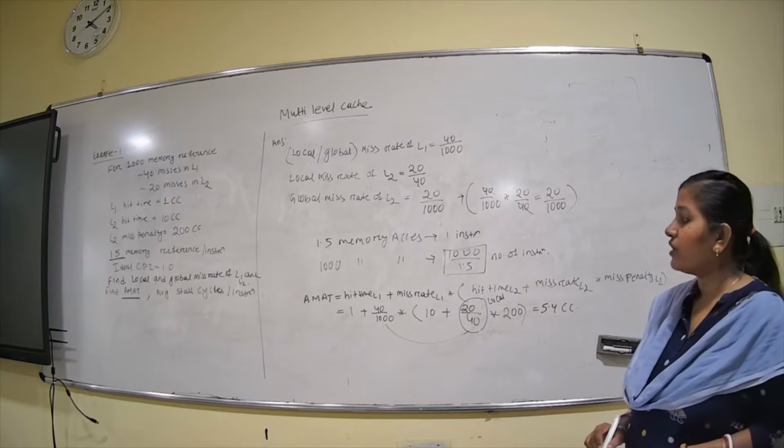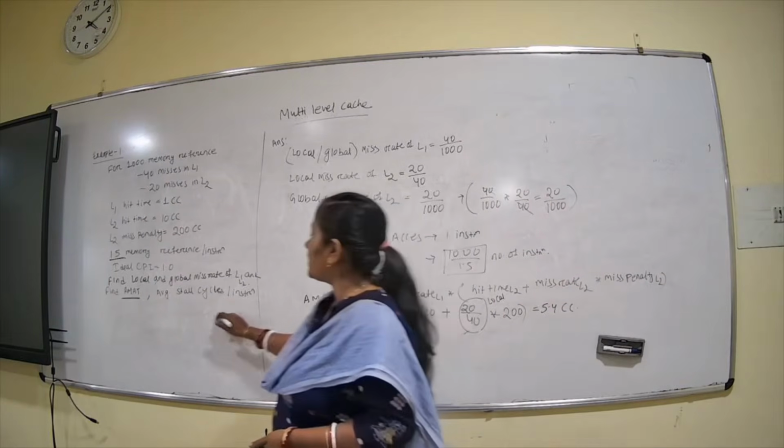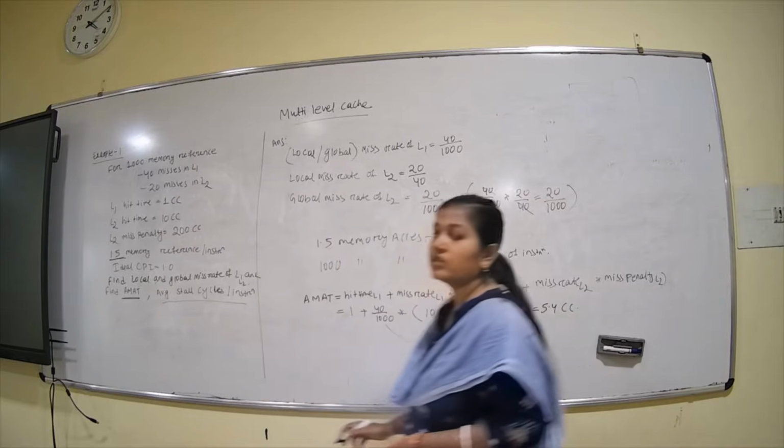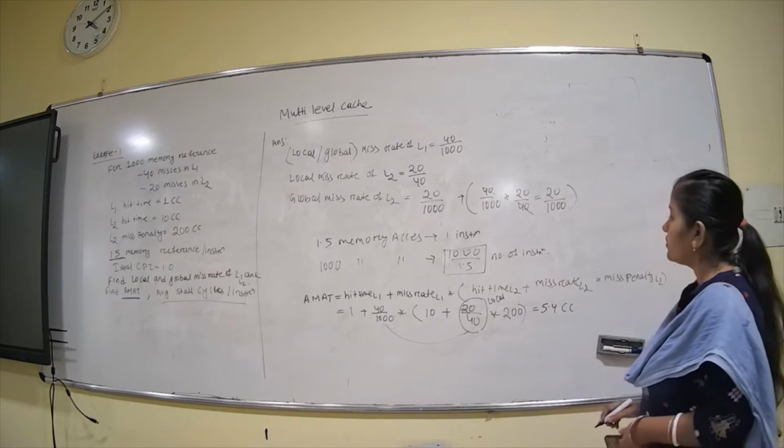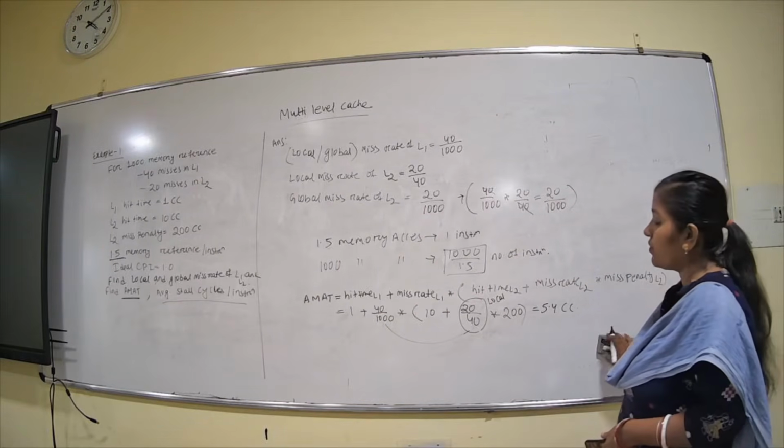Now we'll calculate the average stall cycles per instruction. What is the formula for that?